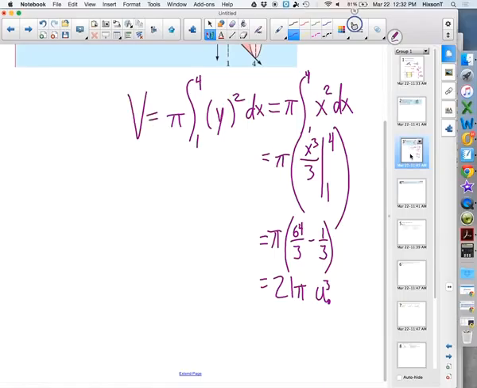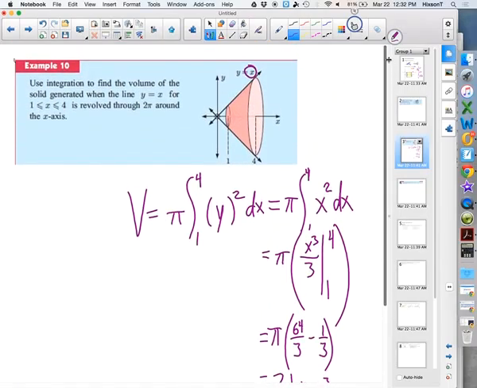Another question: what does revolved through 2 pi mean? Revolved through 2 pi just means we're revolving around a full circle all the way around the x-axis. If it only rotated halfway around, we would have to do a proportion then.